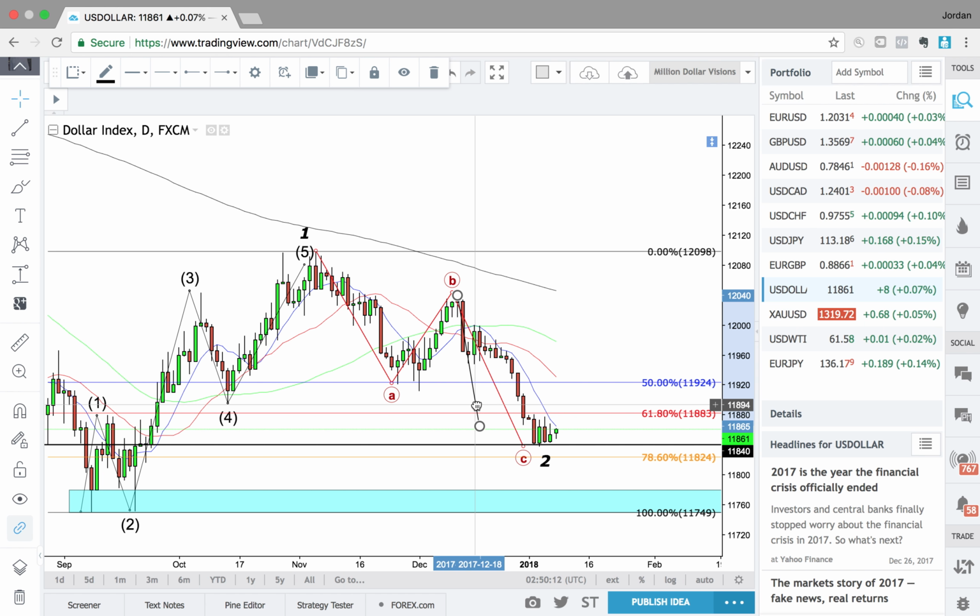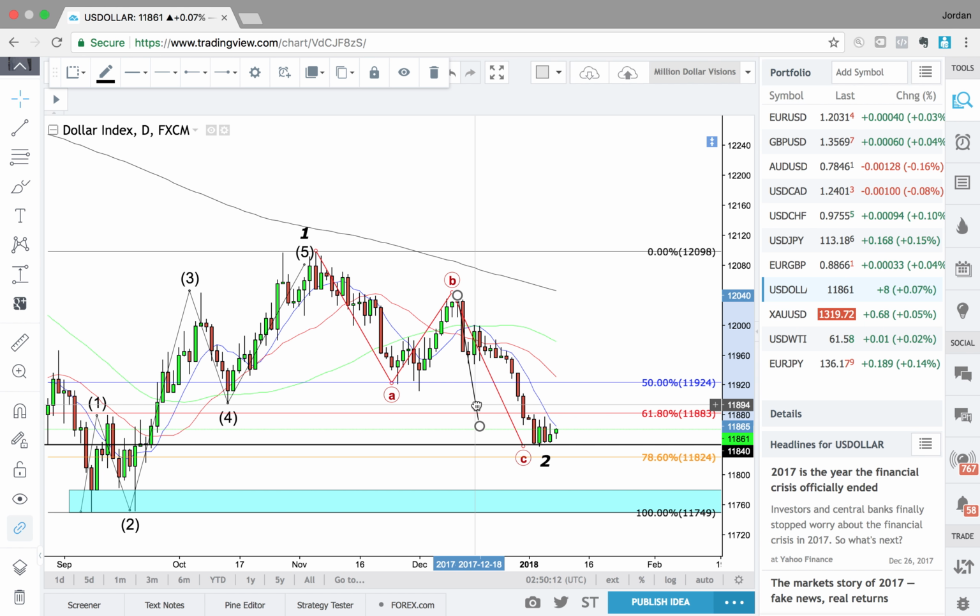Make sure I measured it 100% correct. We do have a B, C, D in this as well. That's just an equal measure move.